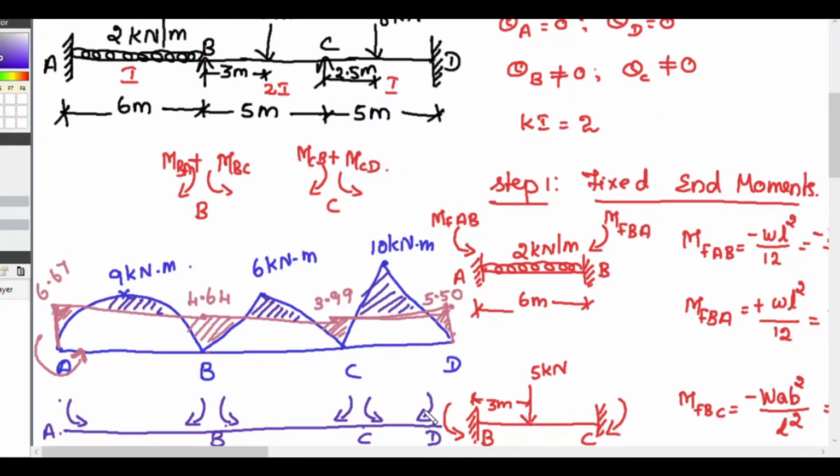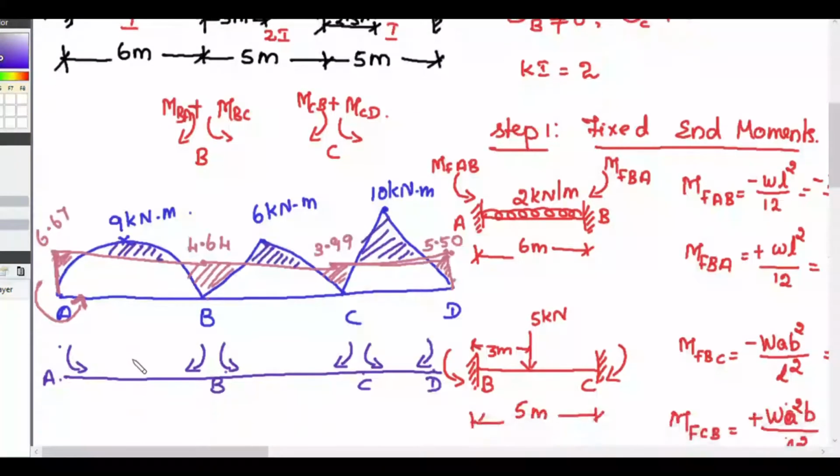That means, everywhere at the support, if you take a section at AB, it is negative. You take a section at BC, this is negative. You take a section at CD, it is negative. That means everywhere at the supports we have negative bending moments. That is the meaning of this.